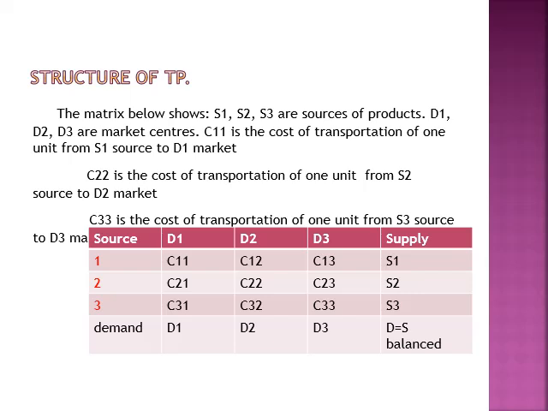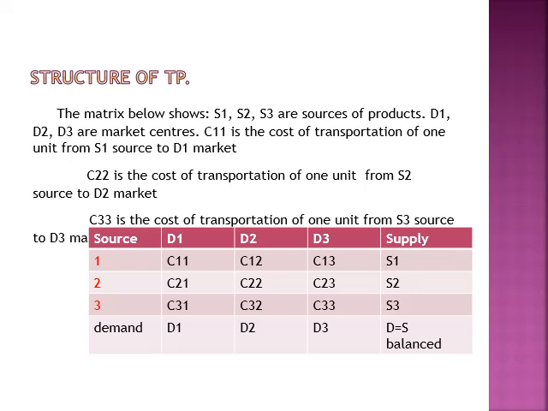C12 means the cost of transportation of 1 unit of goods from the source 1 to market center 2. Now, C22 in the middle row shows what? It shows the cost of transportation of 1 unit from the source 2 to the market 2. But C33 shows what?